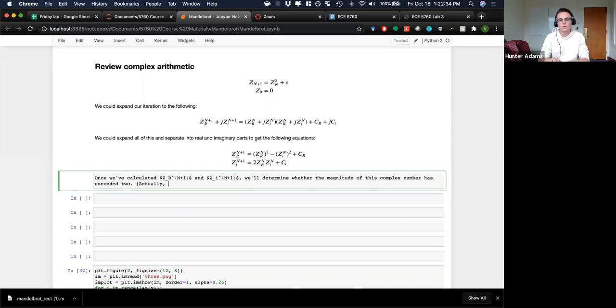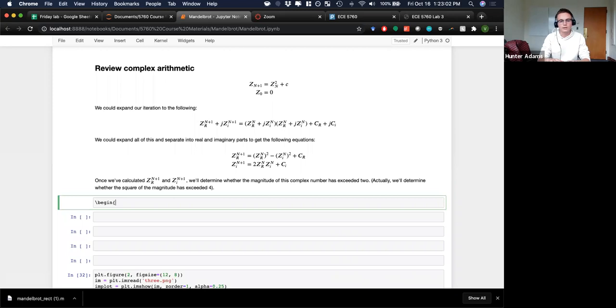Actually, we'll determine whether the square of the magnitude has exceeded 4. We don't want to take a square root, right? We don't need to. So instead of checking whether the square root of the sums of squares has exceeded 2, we'll just determine whether the sums of squares has exceeded 4.